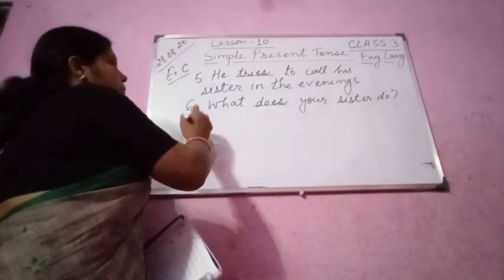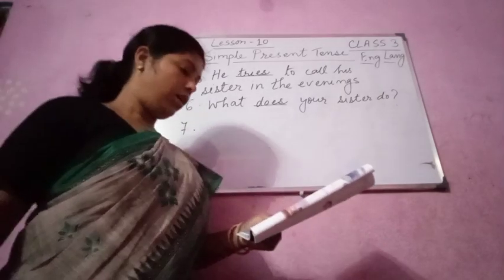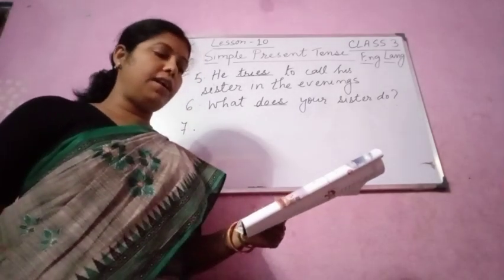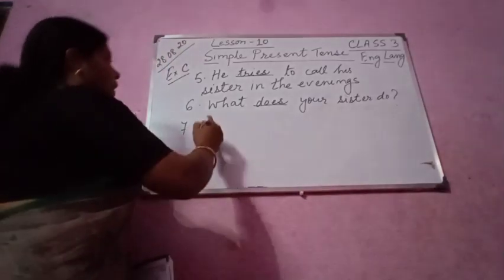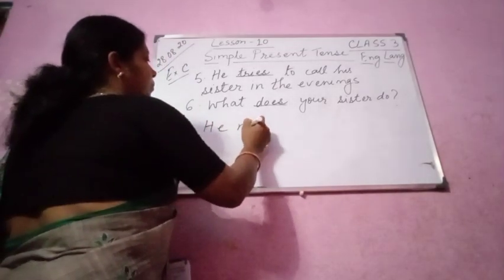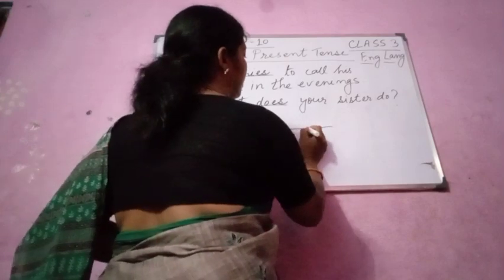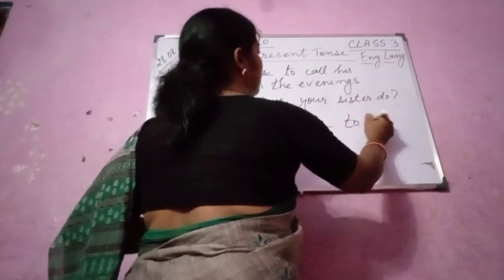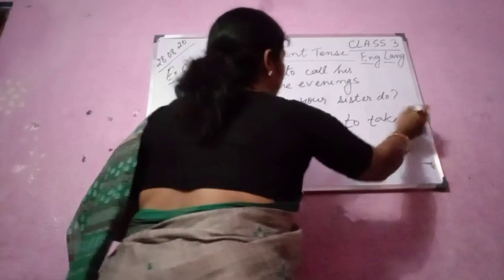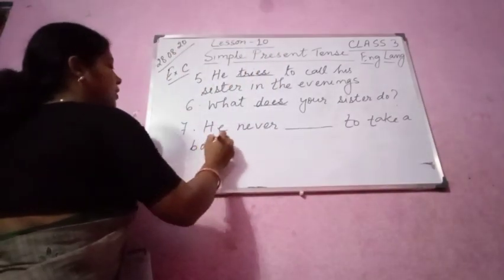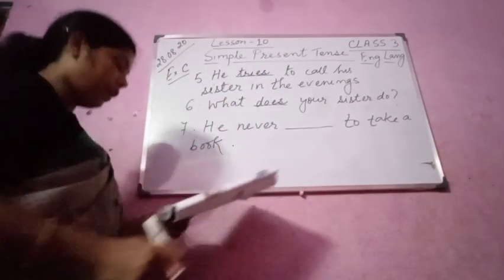Number 7. He never dash to take a book. Okay. He never dash to take a book. He never, the verb given here is forget.